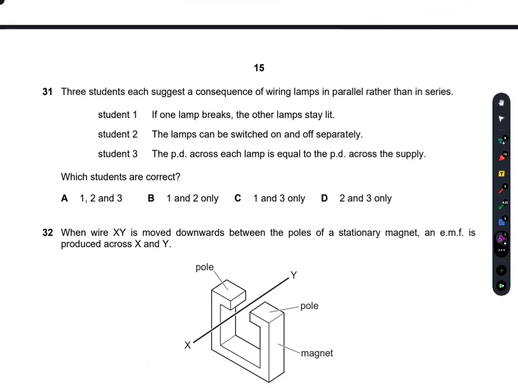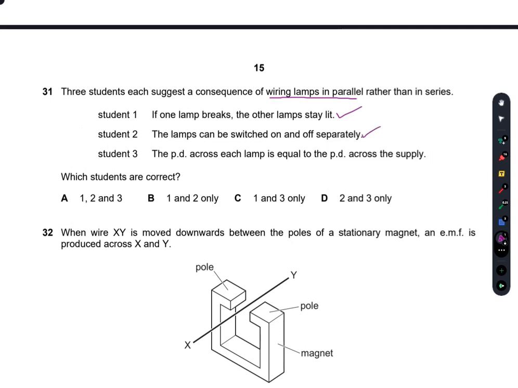Question number 31. Three students suggest a consequence of wiring lamps in parallel rather than in series. Student 1 says that if one lamp breaks, the other lamp stays lit. So this is wiring lamps in parallel, and yes, he is true. The lamps can be switched on and off separately.